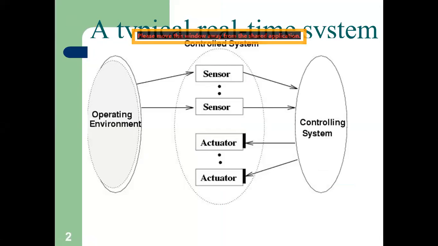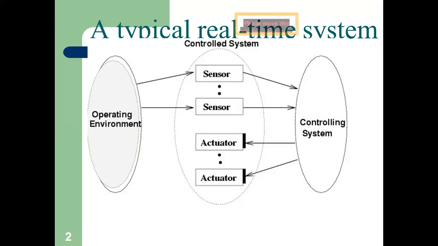What is the typical real-time system and how will it work? Now in this diagram we can see how various sensors are connected with the operating environment to the controlling system.